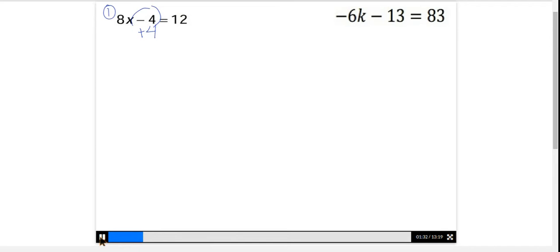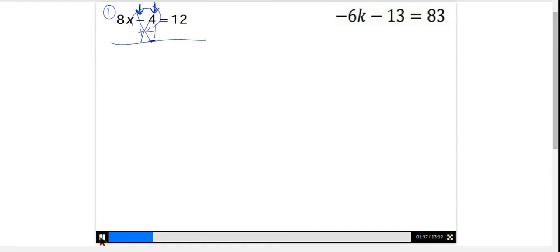We can also think about that as subtraction and addition are inverse operations. They're the opposite operations, and they undo each other. So I can take whatever number's right here, 4, and put it here, and the opposite operation of subtraction is addition, and that will cancel out this piece right here.